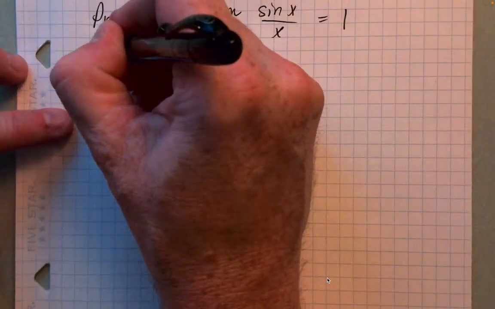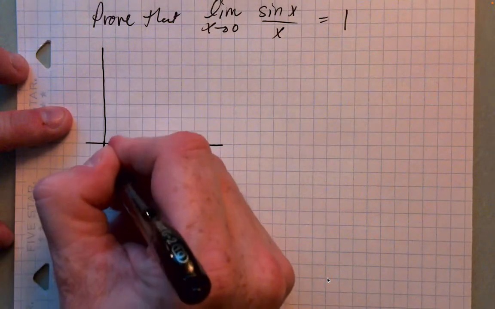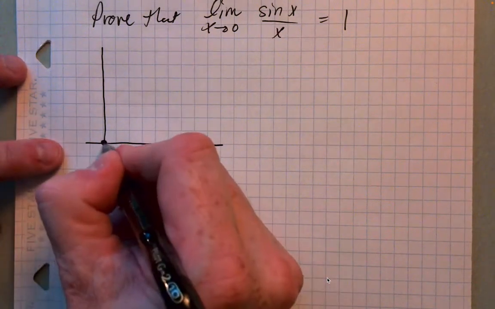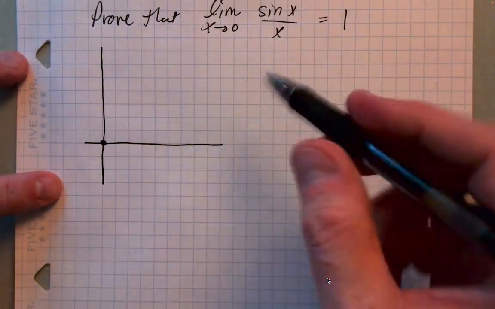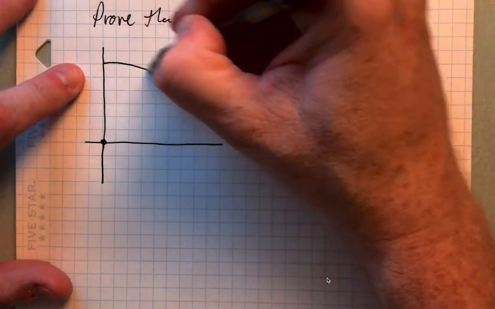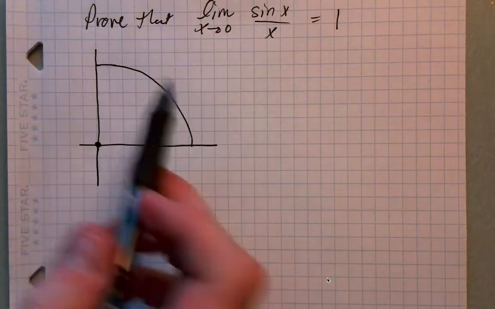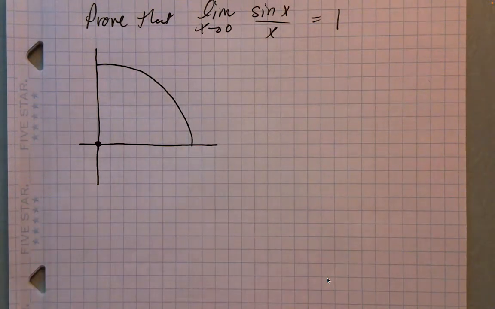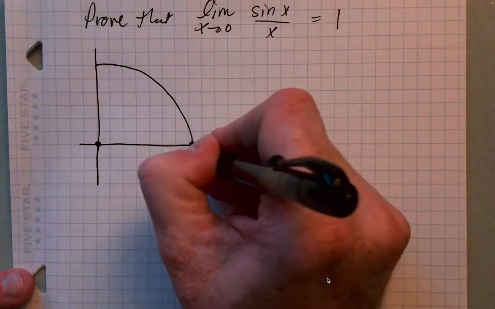So we're going to start with a nice picture just so we can see what's going on here. So we've got the xy coordinate system. Here's the origin. And let's say we have a unit circle built in here. So I'm going to try to draw this reasonably well. Okay, so this would be like the unit circle in the first quadrant, right? So here, this would be the point 1, 0.